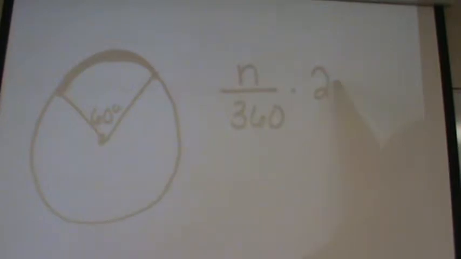What do you need to know? You need to know this angle. So let's say this is a 60-degree angle, and that's called N. So this is your central angle. So it's the angle measure over 360 times 2 pi r.